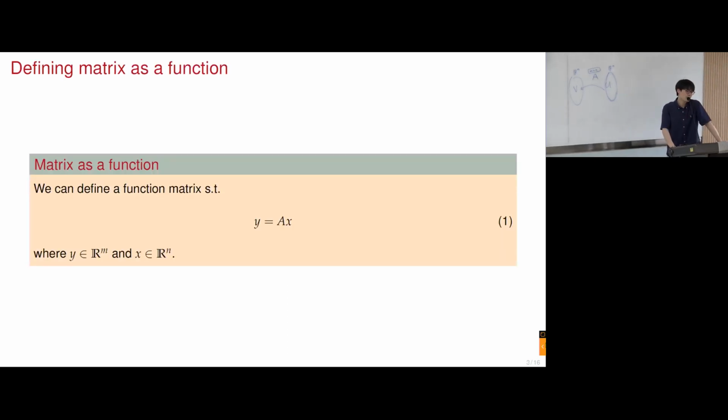First we're going to define the matrix as a function. We can define it like this: y is Ax, right? You can see this is similar notation to a function. Instead of writing f(x), the most familiar way to write a function, we write Ax for a matrix function. In this case, y is in Rm space, and the input x is in Rn space.